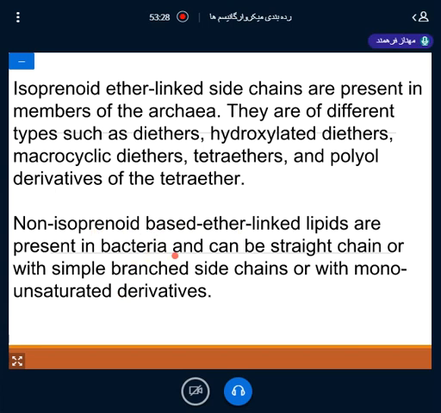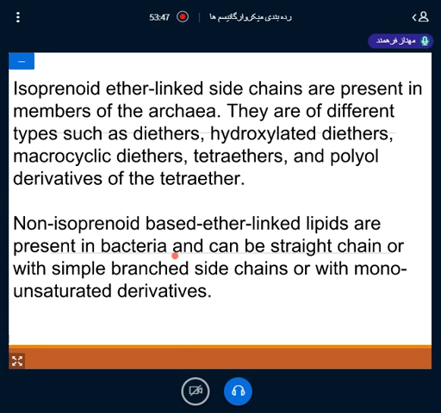Please notice, isoprenoid ether-linked side chains are observed only in the archaeal cell, not in the bacterial cell.